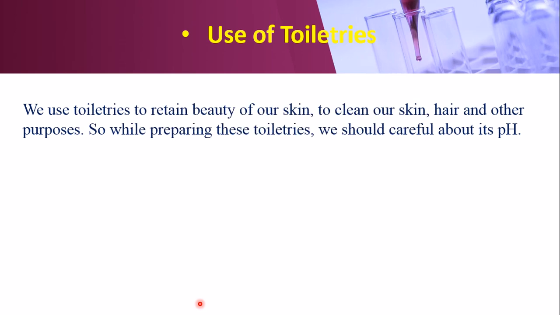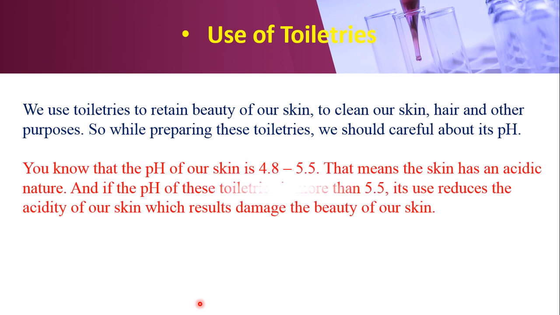Now, use of toiletries. We use toiletries to retain beauty of our skin, to clean our skin, hair and other purposes. So, while preparing these toiletries, we should be careful about its pH. Do you know what is the pH value of our skin? The pH of our skin is 4.8 to 5.5.